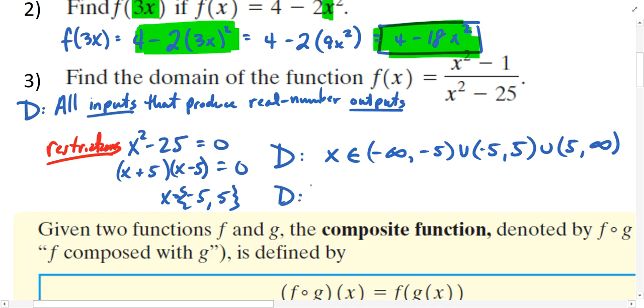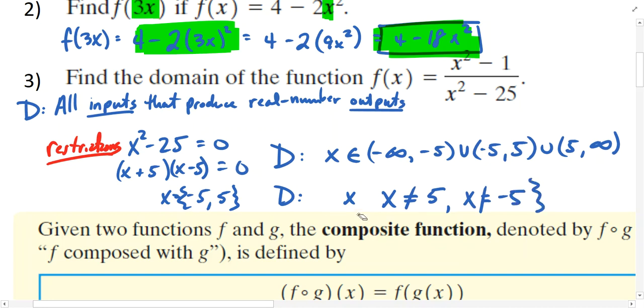If we were to use set notation, it might look something like this. We would say the domain is the set of all x values such that x is not equal to 5 and x is not equal to negative 5.